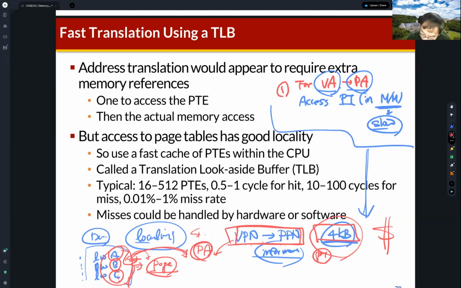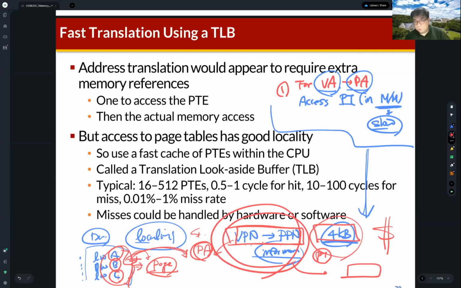So we can just cache this mapping information in a dedicated hardware structure. Okay, so which means that if a processor has the cache for page table entries, then we can access the target page table entry very quickly.